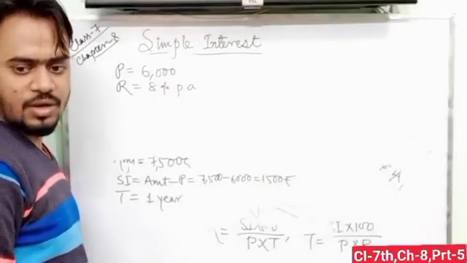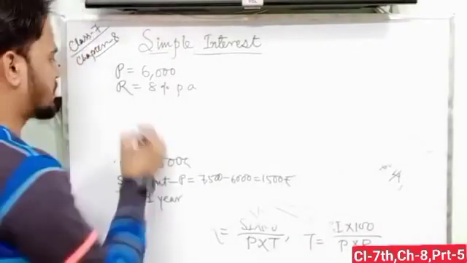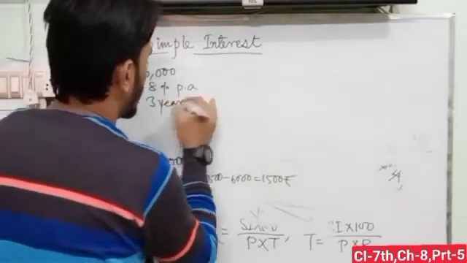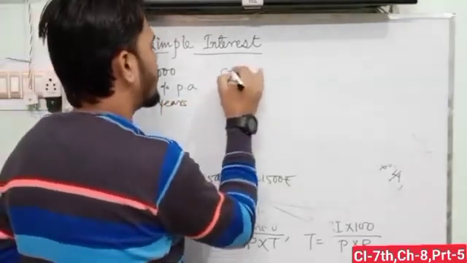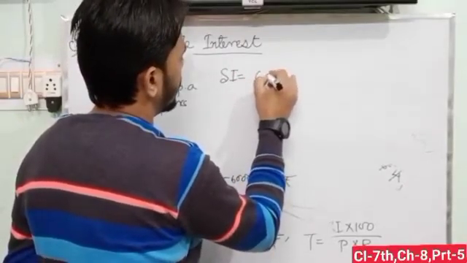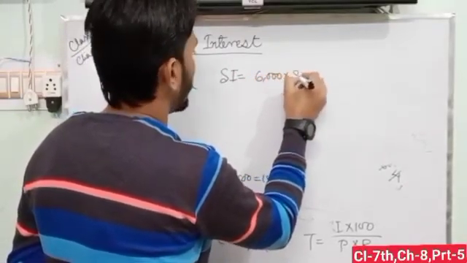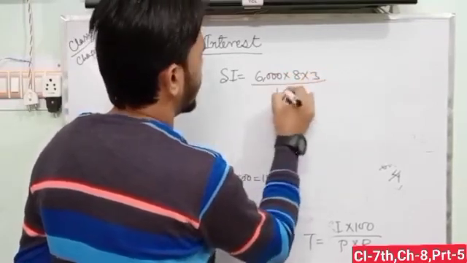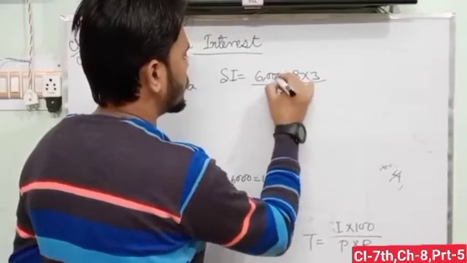And you have to find the interest and amount after 3 years. The time is equal to 3 years. So first of all, find the interest. Simple interest is equal to P into R into T upon 100. 20 to 20 cut.